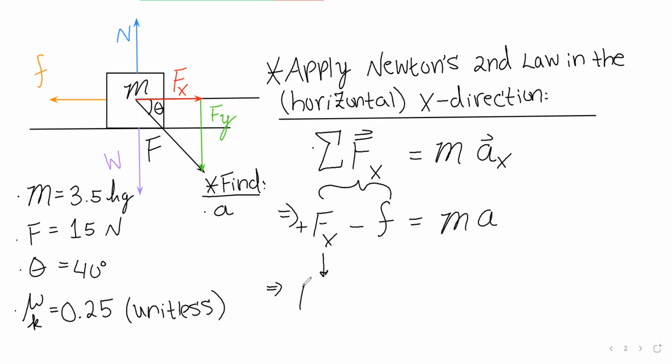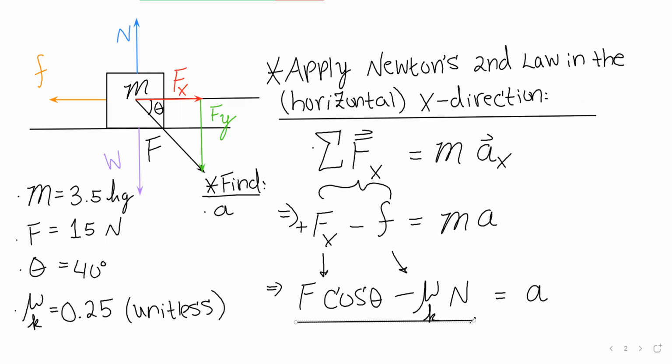Fx means F times cosine theta, and friction is mu times normal force. I'm just going to do two steps in one. I'm going to divide both sides by m, so I can isolate that acceleration.